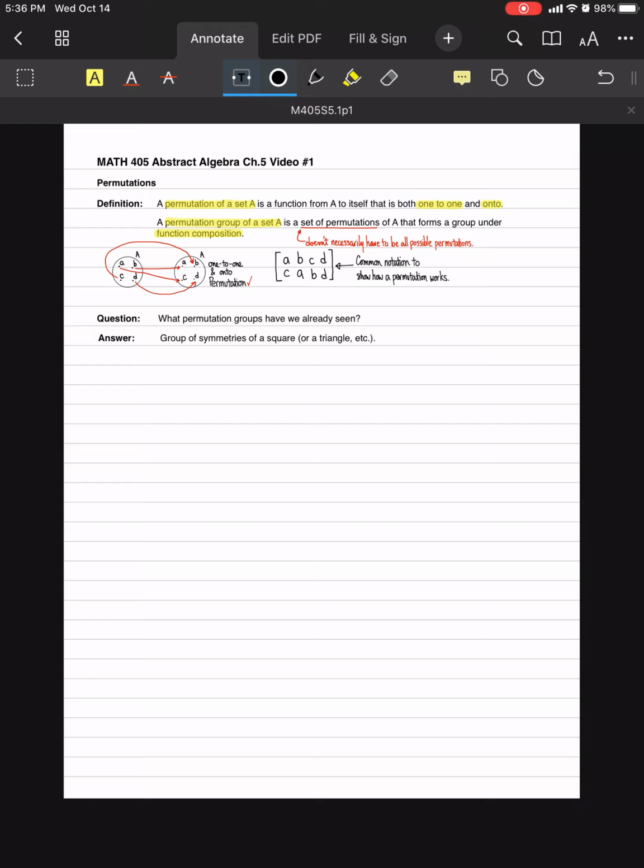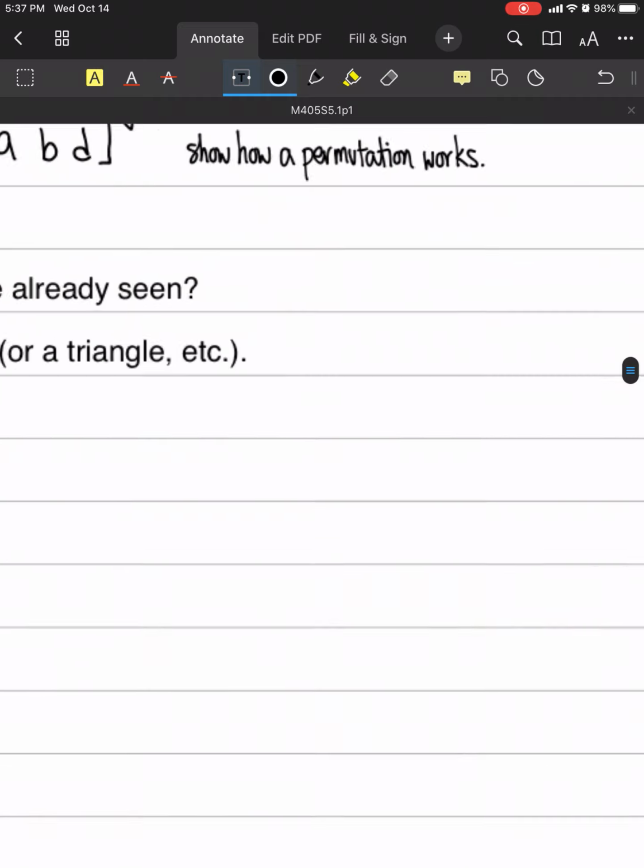And the way we did this, we never had 2 of the same color on the final square, and every color was represented, so it had to be 1-to-1 and onto. Now, as we saw back in the video where we talked about that, not all possible rearrangements of those colors happened under this group, so it wasn't a group of all possible permutations, but it was a set of permutations that formed a group under function composition. So that is an example here.